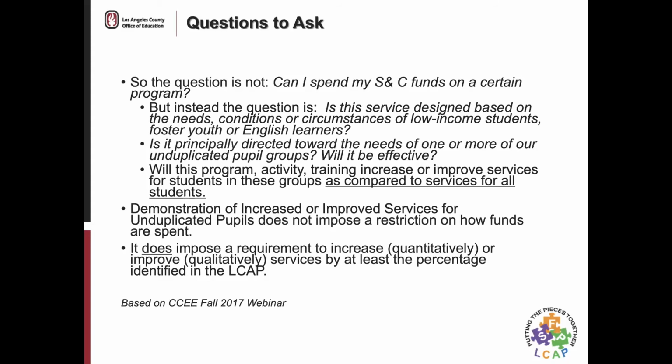Is it principally directed toward one or more of those groups? Will it be effective in meeting their needs? And will this activity increase or improve services as compared for all students? Those are the questions to ask, to see if that meets the increase and improve requirement. Okay? So it does not impose a restriction on how funds are spent, but it does impose a requirement to increase or improve those services. Okay.